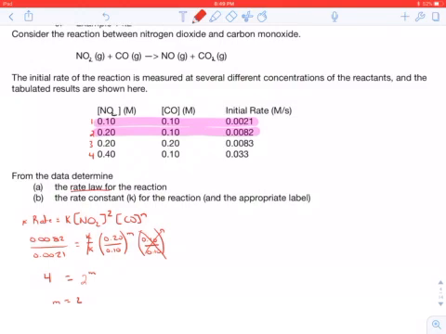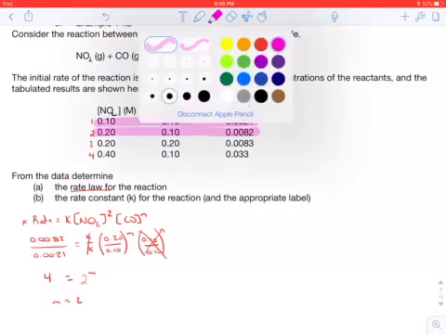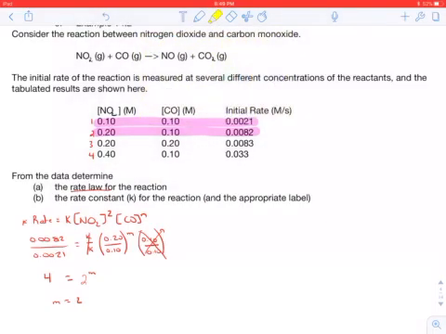Now next up, we need to do that same thing for CO, but again, we're going to try to keep NO2 the same. Let me change our highlighter color here. So if CO changes, how about we look at 3 versus 2?